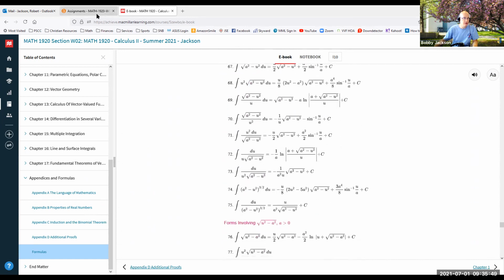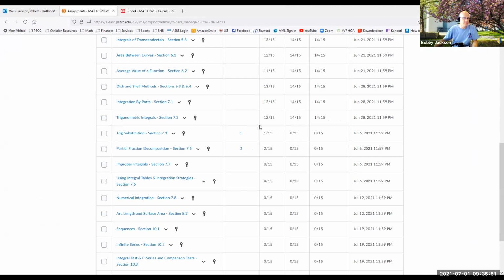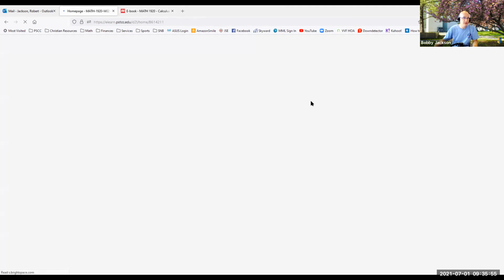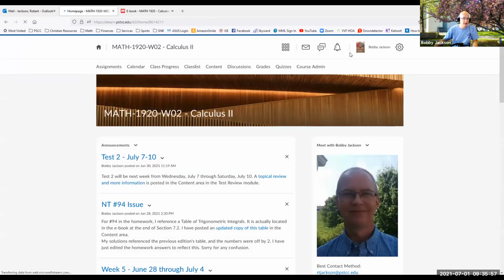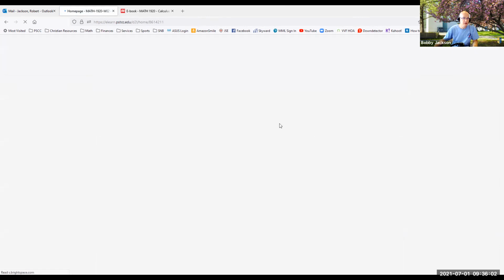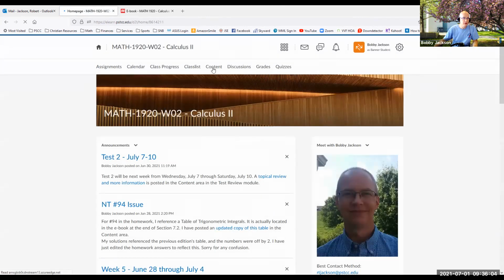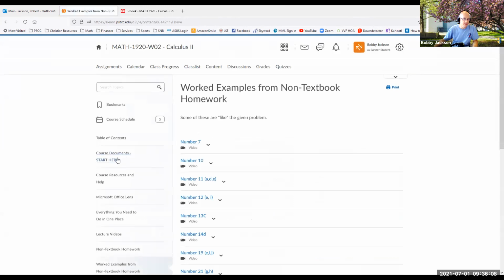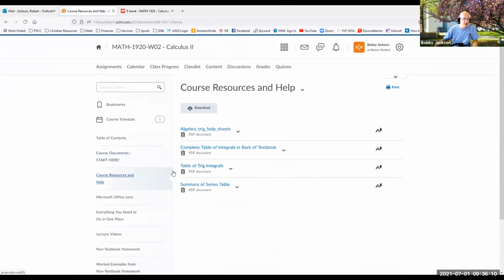The other location is in the course itself. Give me 1 second to make sure I'm viewing this correctly. So if you go into the content area and then over to course resources and help, there's the short table of trig integrals.